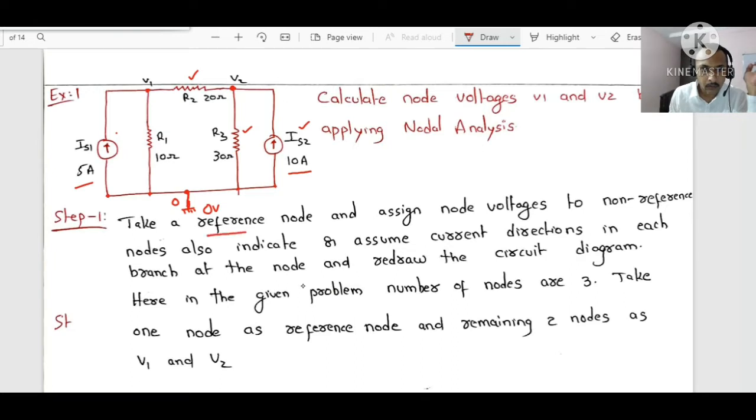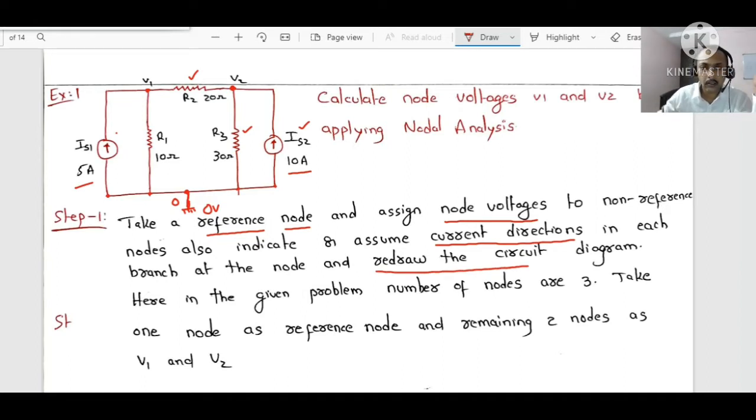You take a reference node and you assign node voltages to the non-reference nodes, and also you indicate the current directions in each branch. You please redraw the circuit diagram in the answer sheet or in the notebook.